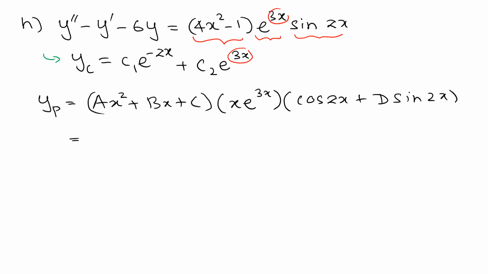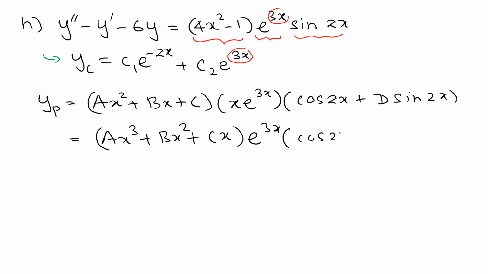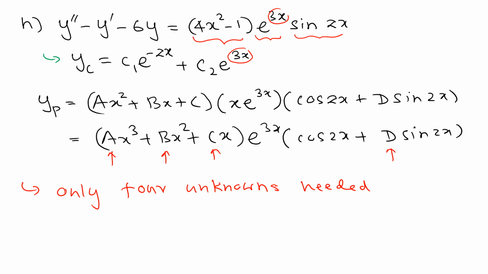That means you can write this as a x cubed plus b x squared plus cx, then the exponential term e to the 3x, and then cosine 2x plus d sine 2x. You can see that we only need 4 unknowns here: 1, 2, 3, and 4. So only 4 unknowns for this problem.